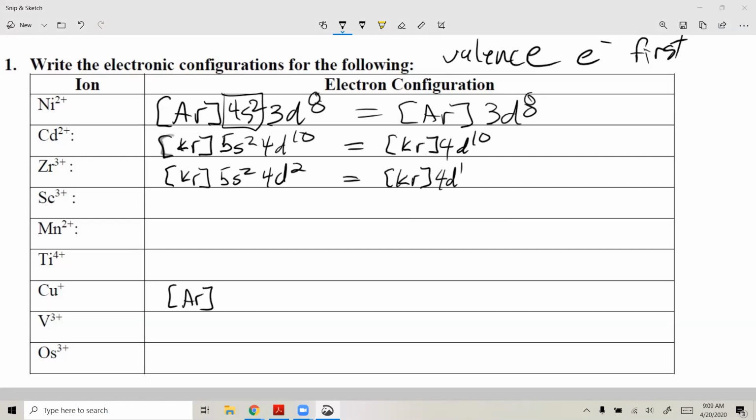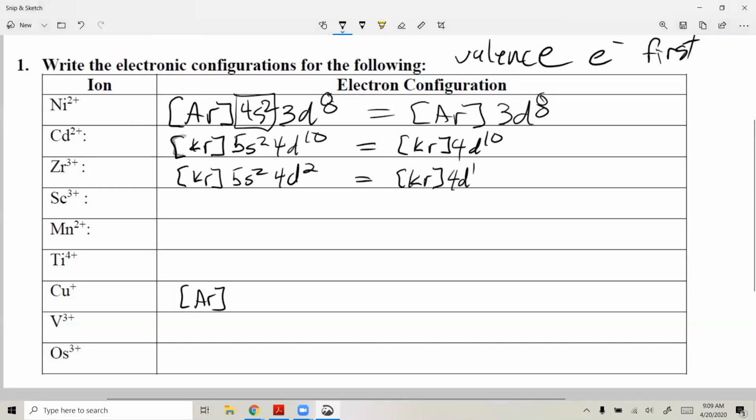So when we first start off, it should be our argon, and we should have a 4s1 and then 3d10.